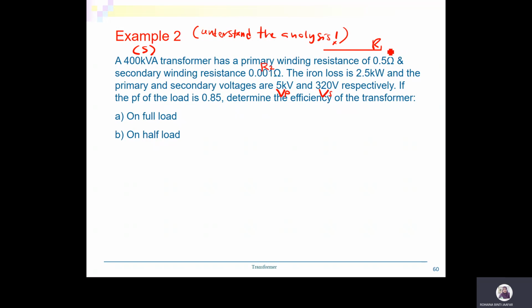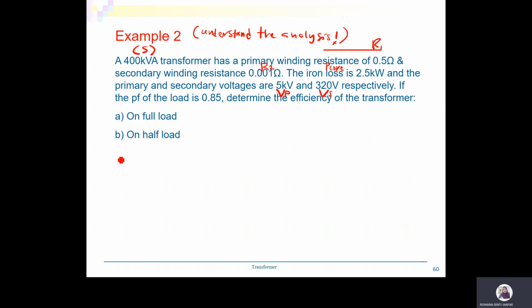Then the iron loss, which you can also write as P core, or core losses, is 2.5 kilowatt, and your power factor is 0.85.